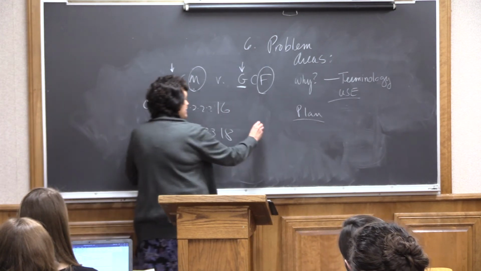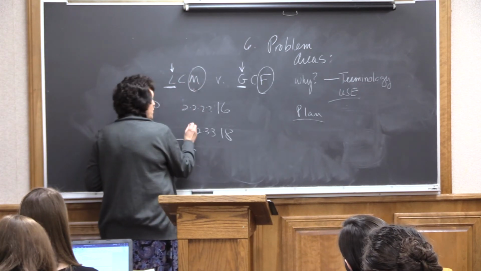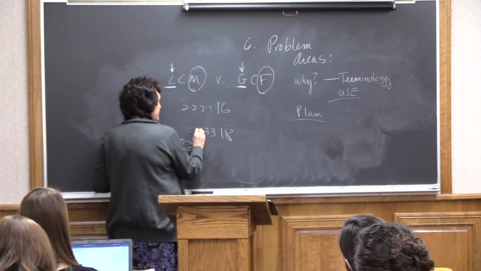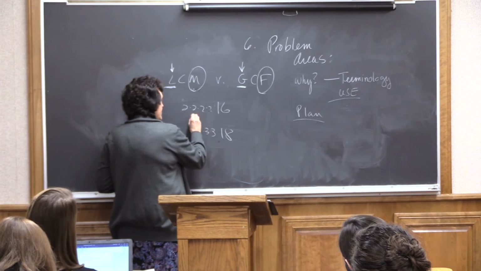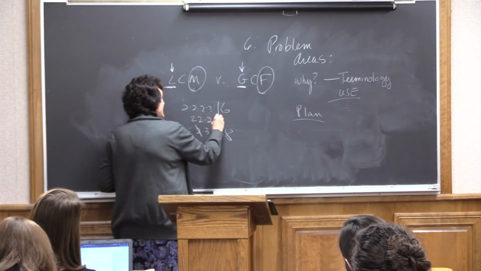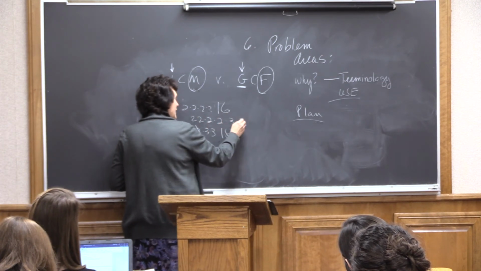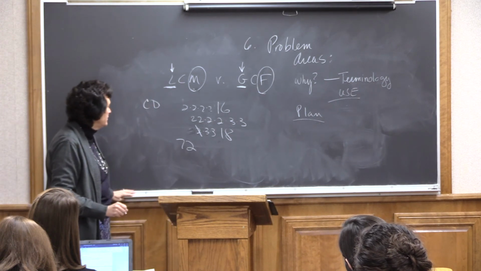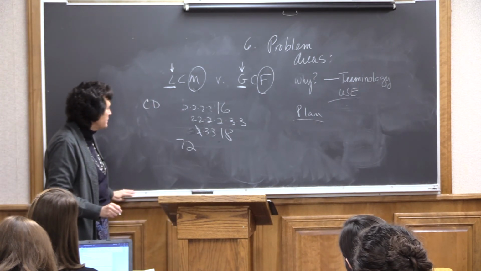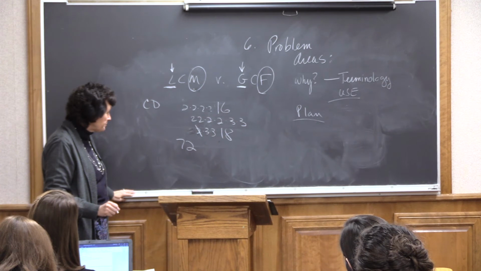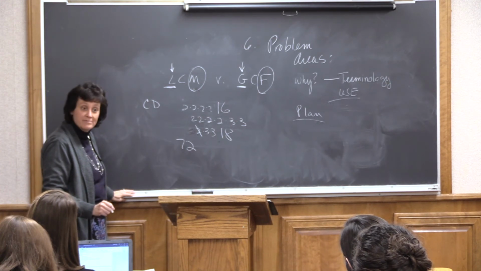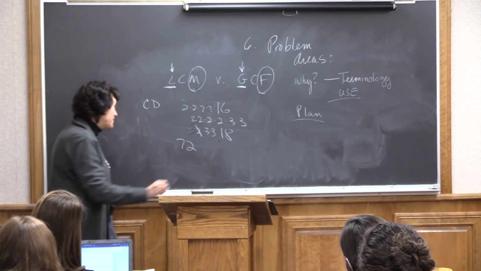So when we're dealing with numbers like this, there's my greatest common factor, so my least common multiple is 16 times, wait a second, 16 times 9, which is what? 144.